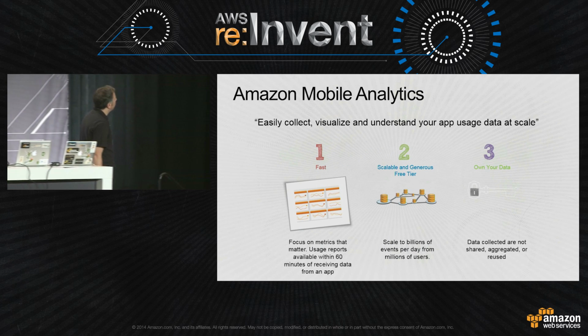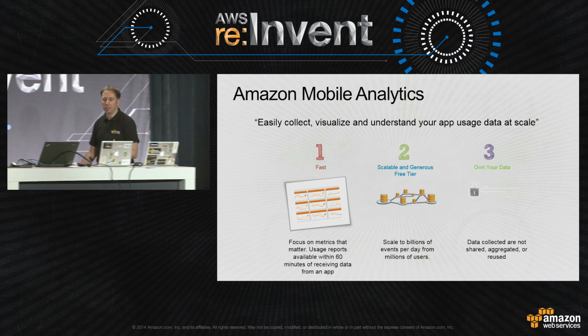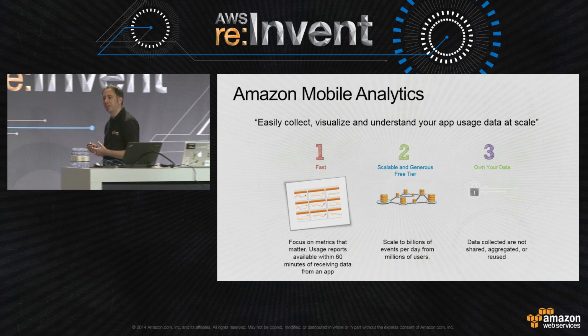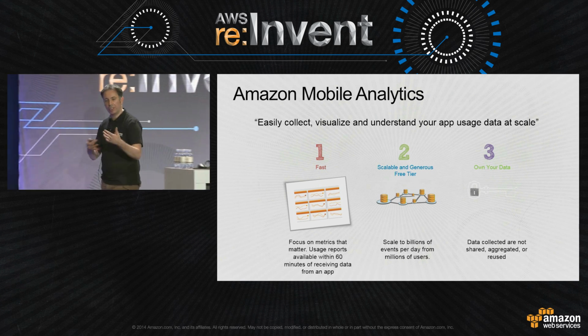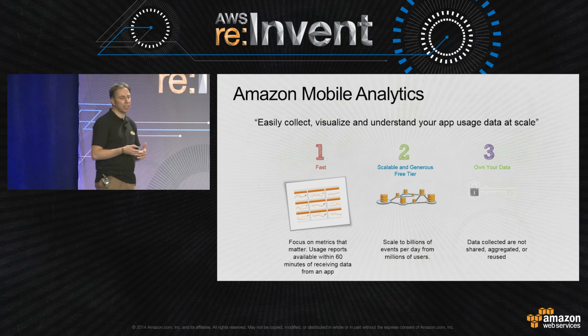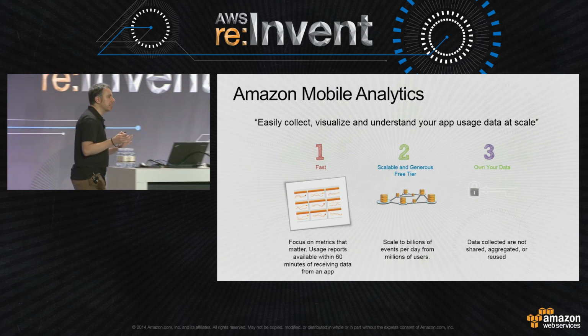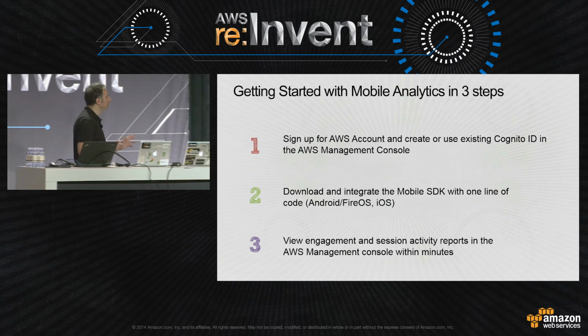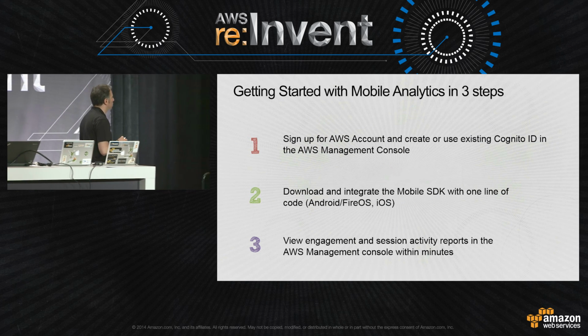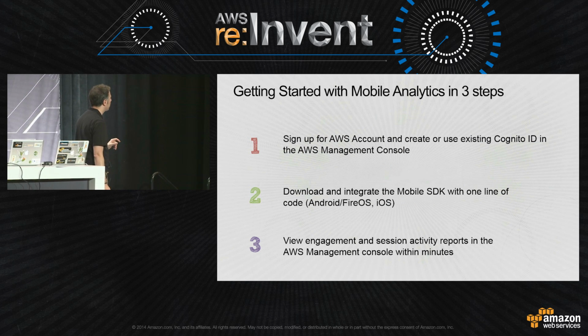So for that, we have Amazon Mobile Analytics, that can help you collect, visualize, and understand your app usage at any scale, and can do that very easily because you just need to create an application in our console. We generate the code for iOS or Android that you can put into your application, and you get the standard metrics out of that. So it's very easy. You still need to use, of course, the mobile SDK.